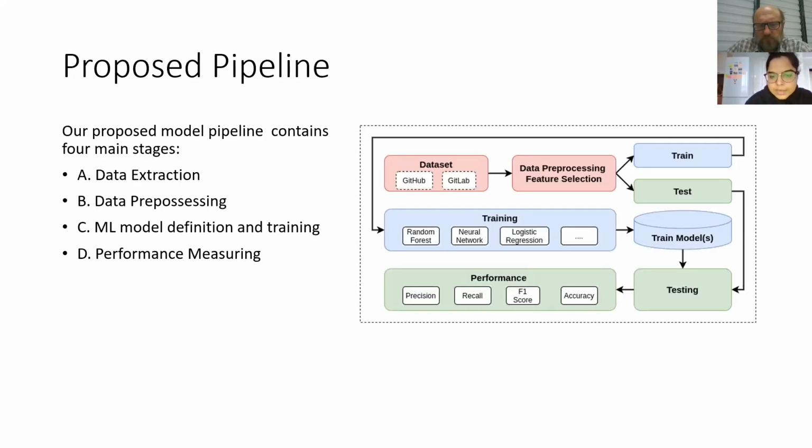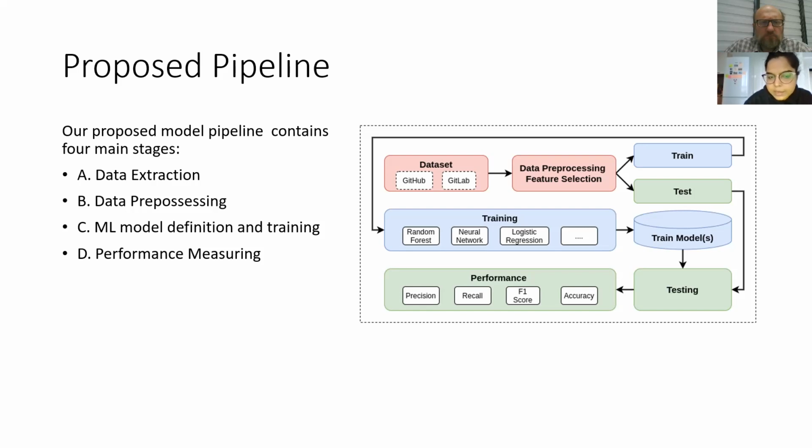So first we decided to have a pipeline. It's a standard pipeline, I would say. Nothing much new here. You first extract the data, then do some pre-processing on the data, and then you divide it into your training set and the test set. Then you train your model on the training data, and then you test it on the test data to see what the result was.